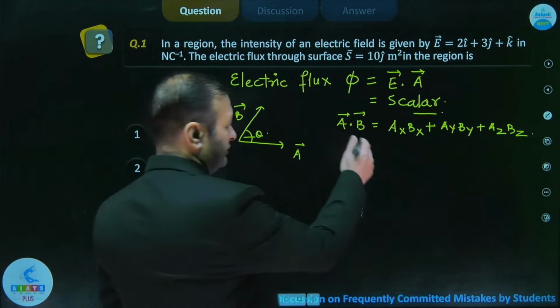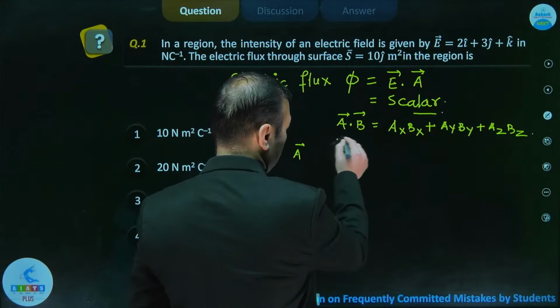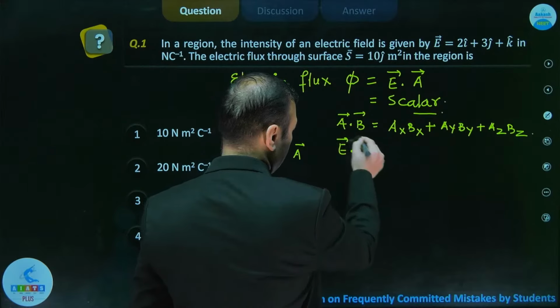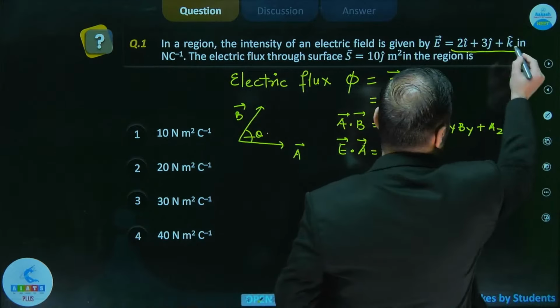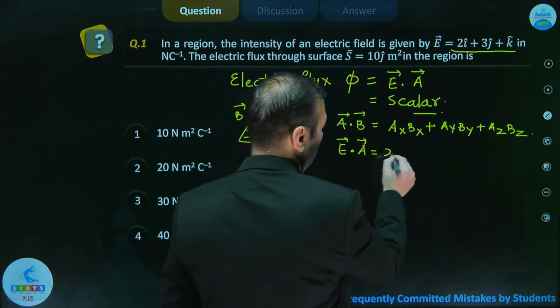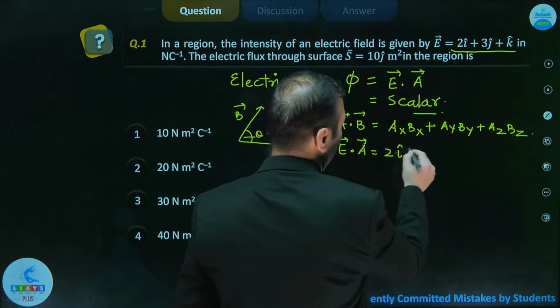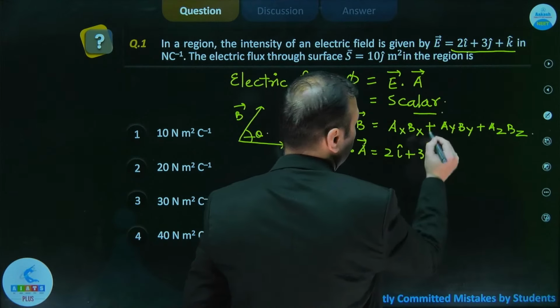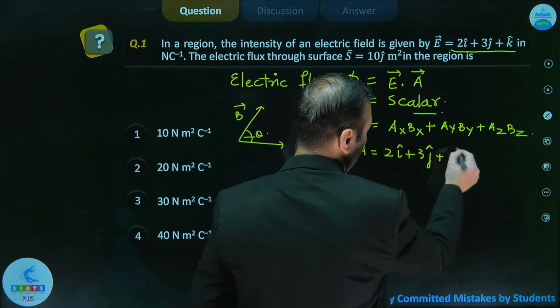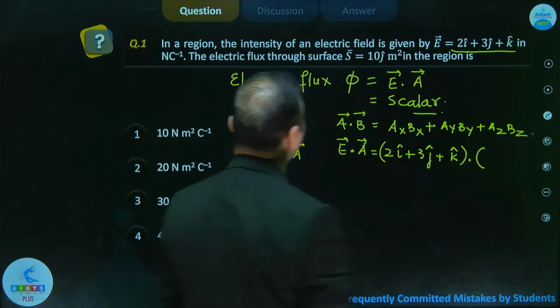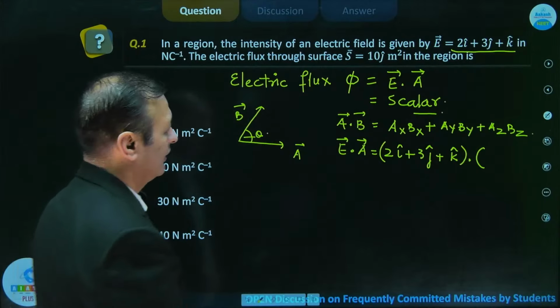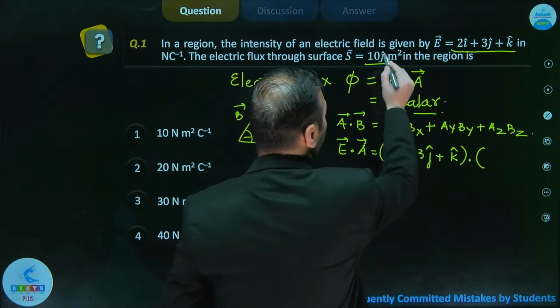Now coming to this, so this question says E dot A. So we have electric field vector, so this is 2I cap plus 3J cap plus K cap dot. Now for the area vector, you have only 10J cap.